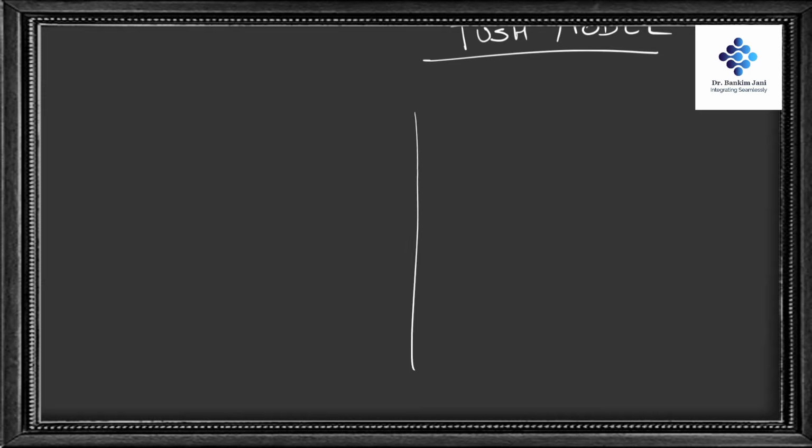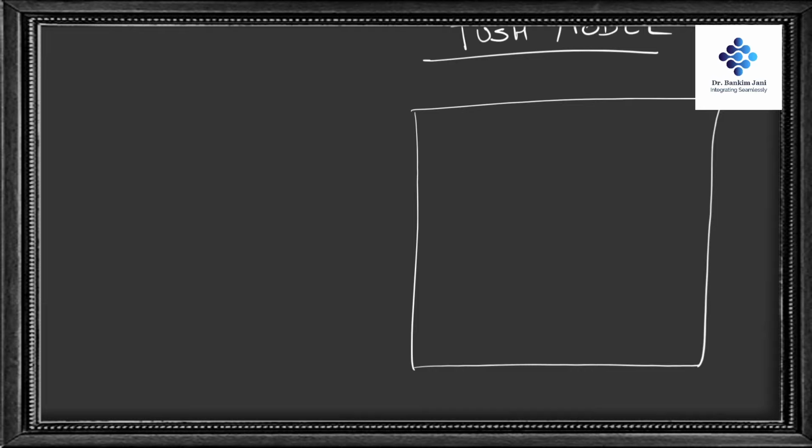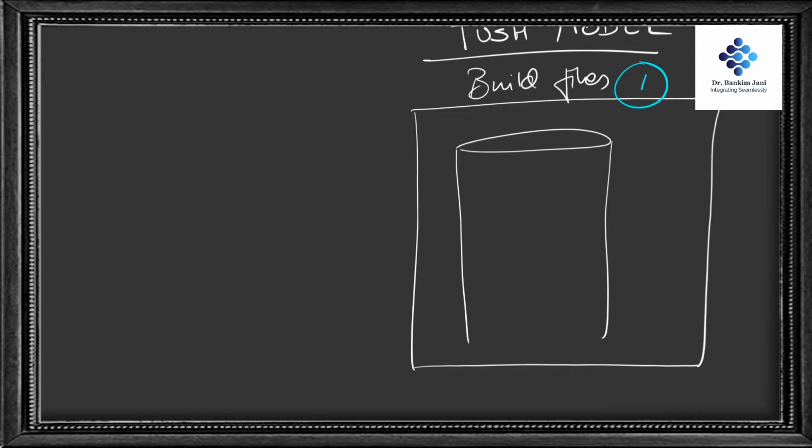So if I create a summary, it would be like this: you build files. That would be step number 1, right? And then in those files, which files did you create? You created a playbook, and in this playbook you put everything.